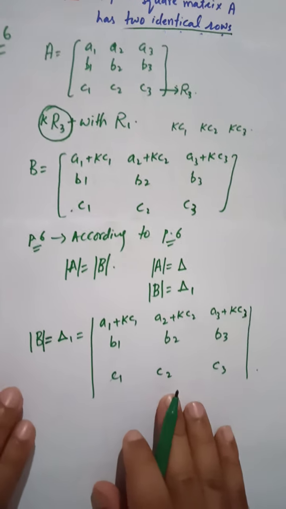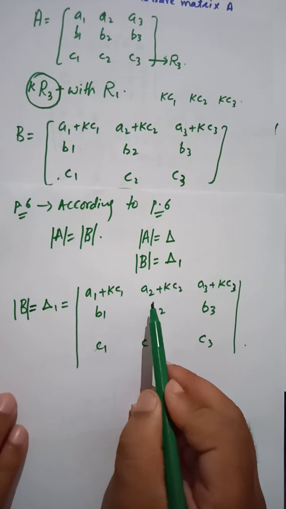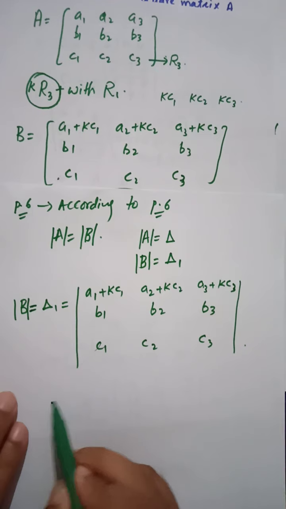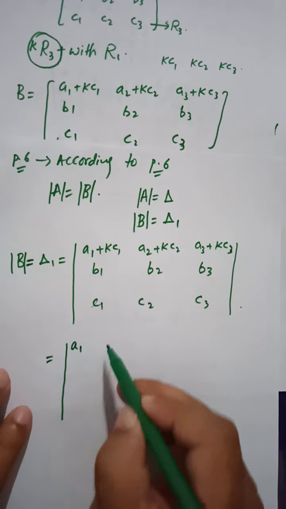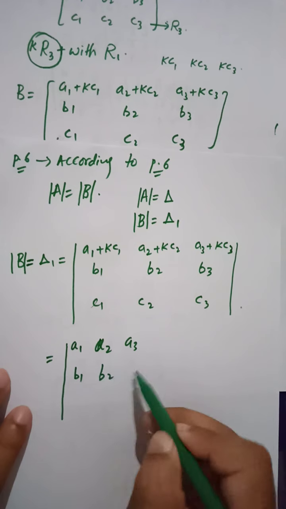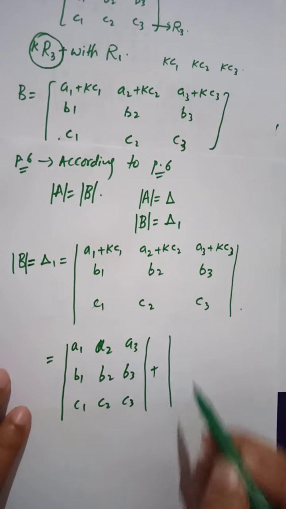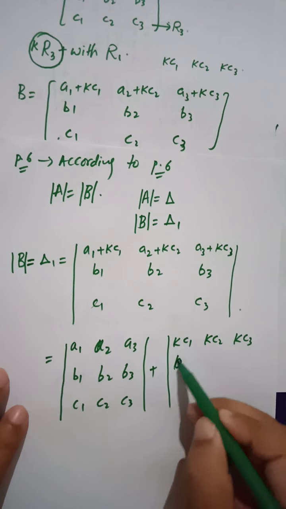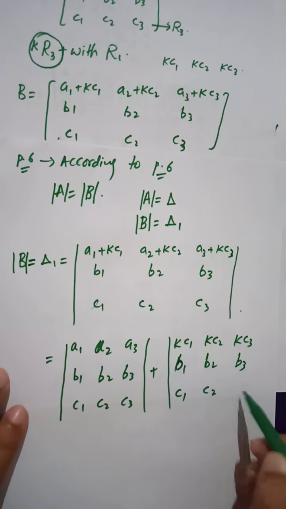So according to property number 5, you see that the elements of the first row are written in the form of two terms. So this determinant can be split into two determinants: A1, A2, A3, B1, B2, B3, C1, C2, C3 plus kC1, kC2, kC3, B1, B2, B3, C1, C2, C3.